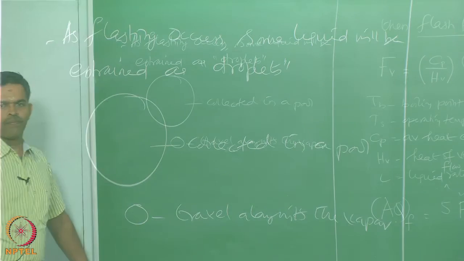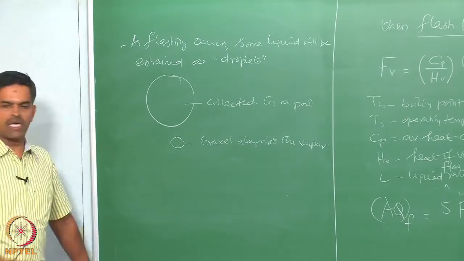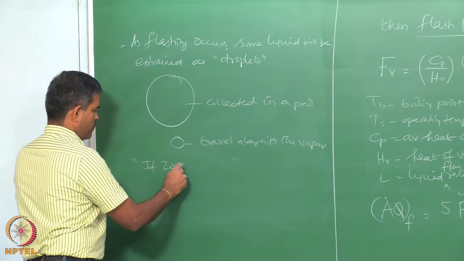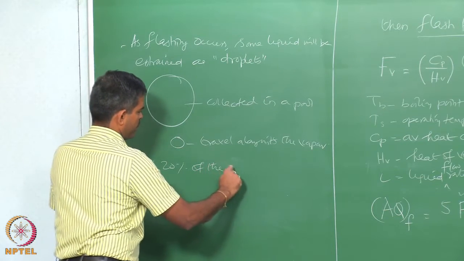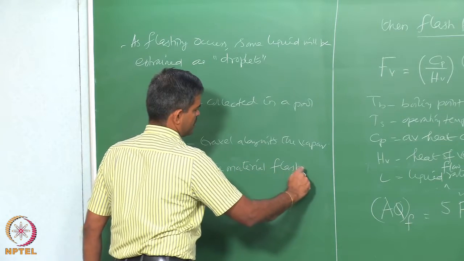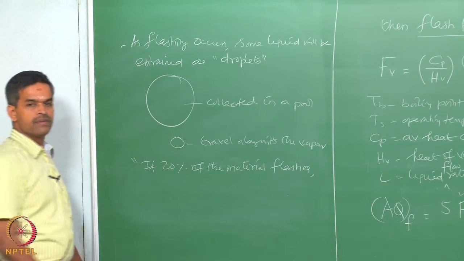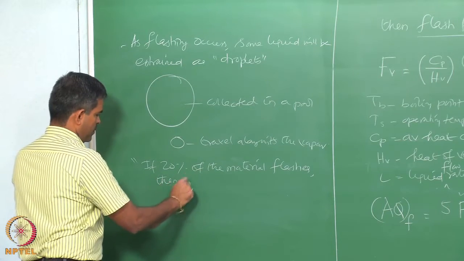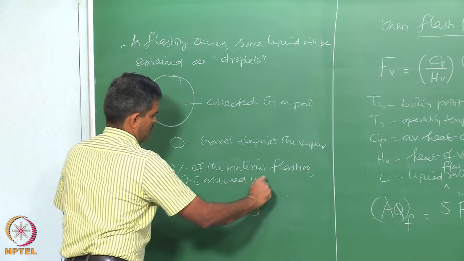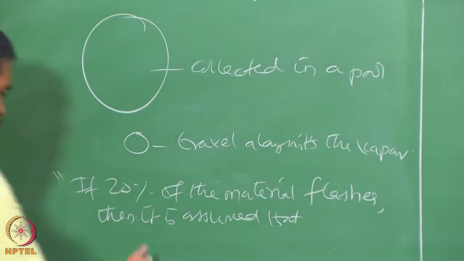So, therefore, if 20% of the material flashes, the entire stream becomes airborne. There is an assumption that if 20% of the material flashes at the operating temperature compared to the boiling point, then the entire stream becomes airborne.